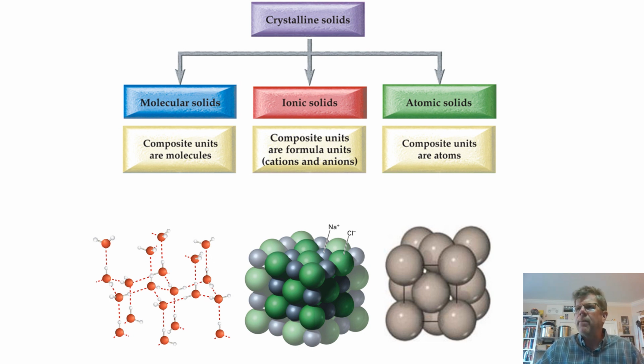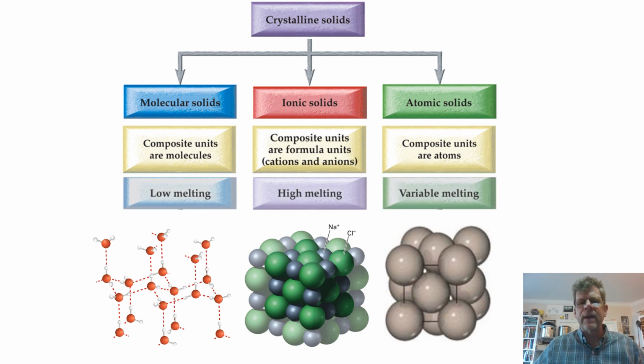So there are many things that compare and contrast these three types of crystalline solids. We are going to look specifically at melting points. Now, melting points, just like boiling points, remember, if we had a higher boiling point, well, we had a stronger force holding those particles together.